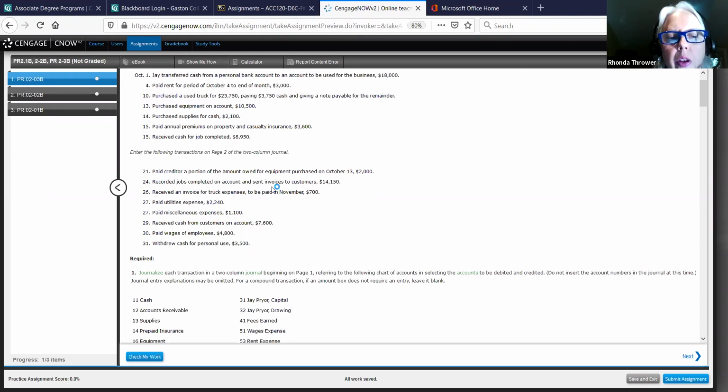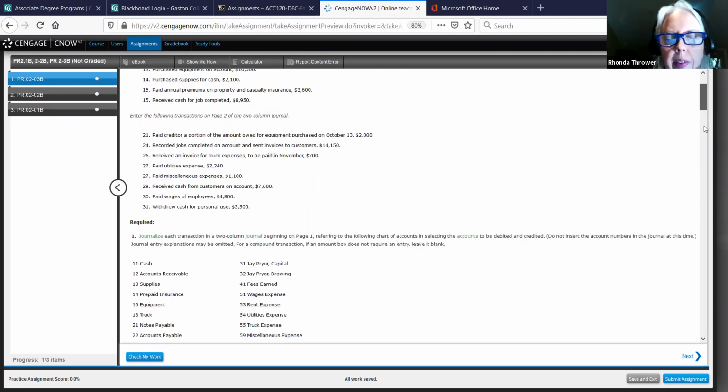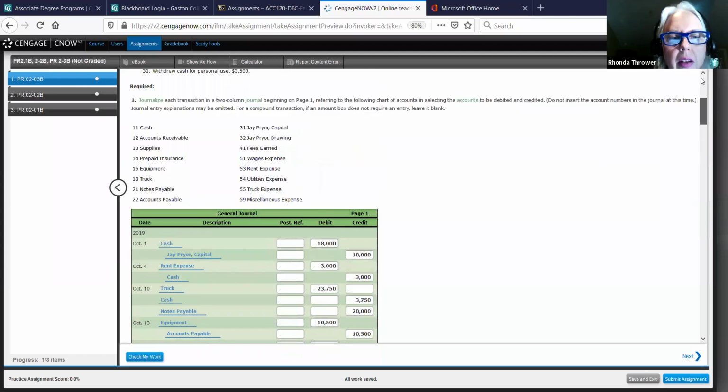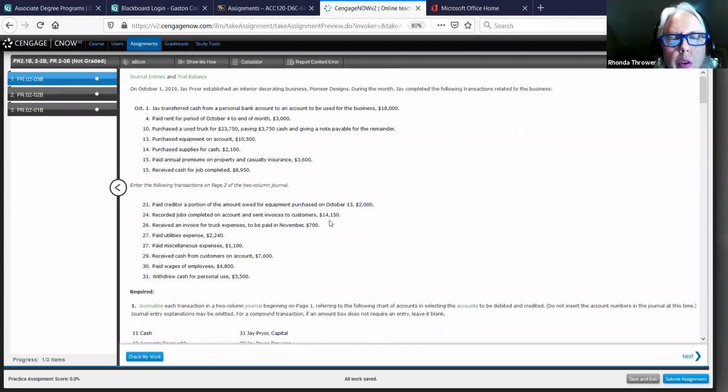We don't have the money for that revenue that we've worked for yet. So accounts receivable is an asset account. My asset account is going up. It's going up for the amount that I have sent invoices for, which is $14,150.